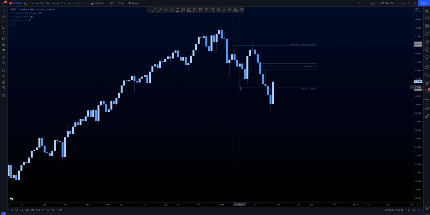So we've already closed above the weekly old low here, as you can see. So where we've actually got the potential for a bit of a sell-off on Monday into Tuesday, that is actually potentially going to bring us down to this, and this could act as some support. And then the next objective is going to be around the 4,300 level.